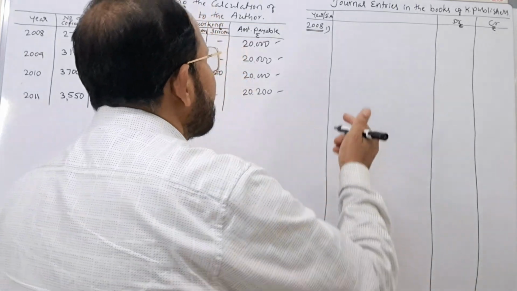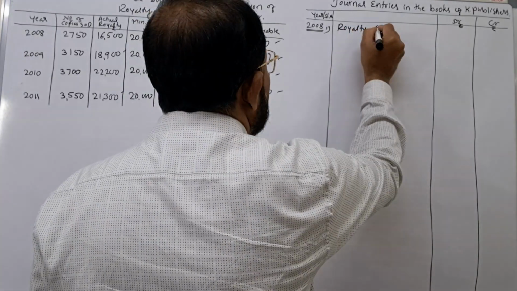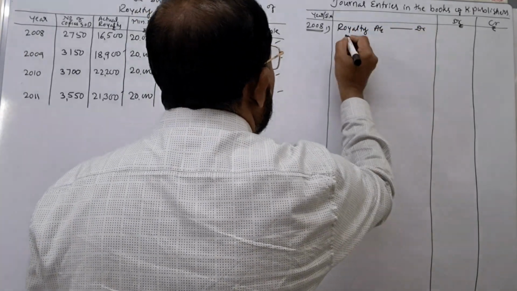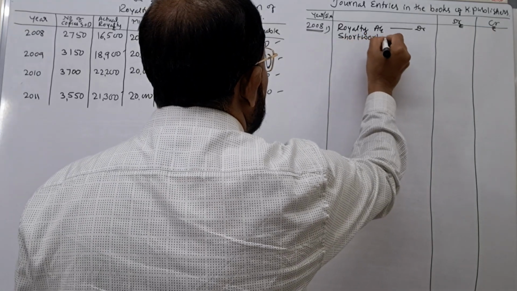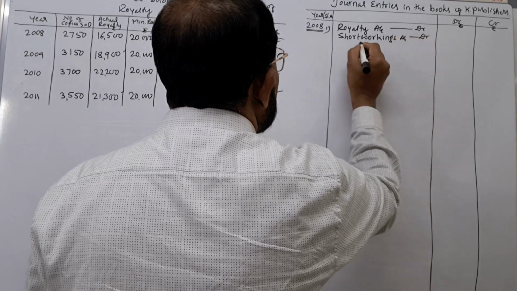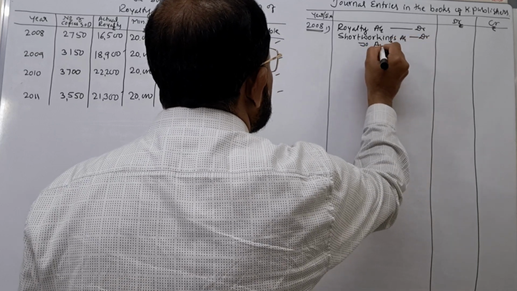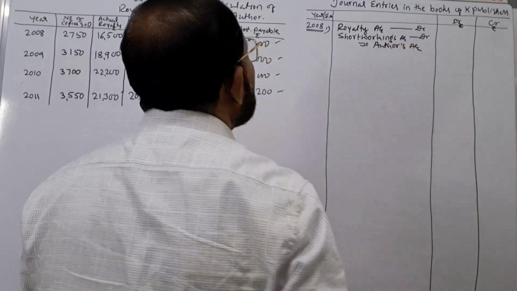What is the entry here? Royalty account is debited, and short workings account is also debited, to author's account.